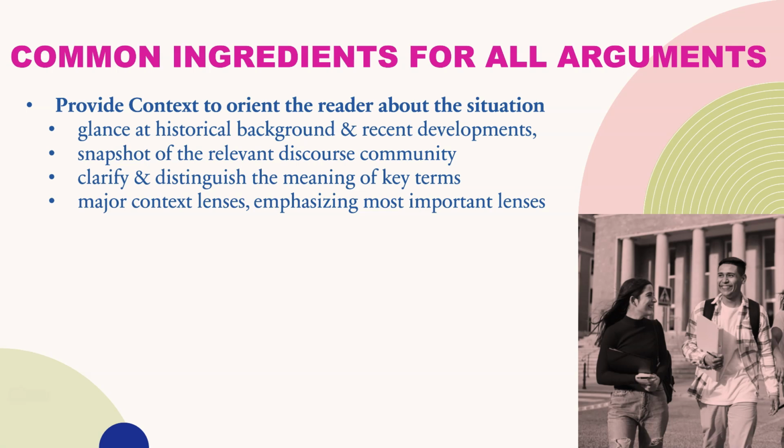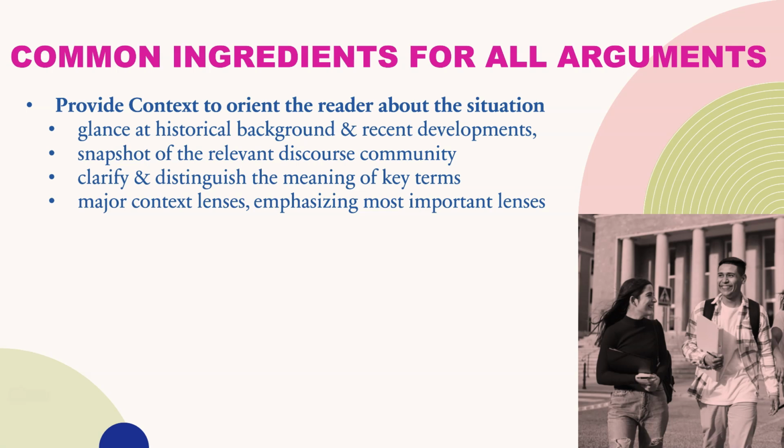We don't want to spend too much time on context, so maybe one or two or three sentences to really just summarize it in a quick glance. You might provide a snapshot of the relevant discourse community. So what kinds of people are invested in this topic? That will set the scene to understand where this research is coming from and where your voice is fitting in.